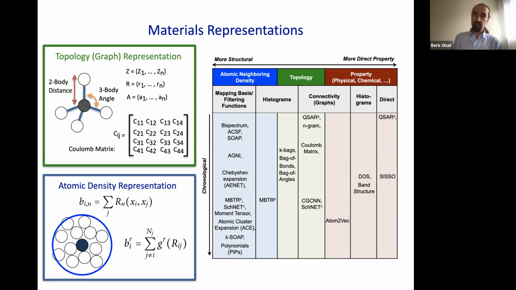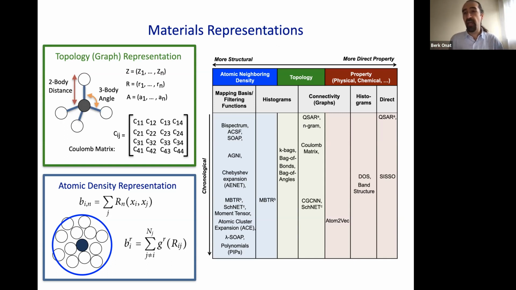We will not talk about the red part. QSARs are from the 80s. There are a lot of different descriptors there, but we do not use them in machine learning interatomic potentials. Mostly what is used in the community is the graph topology representation, or atomic density representations.